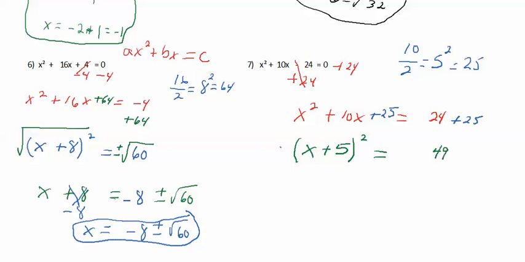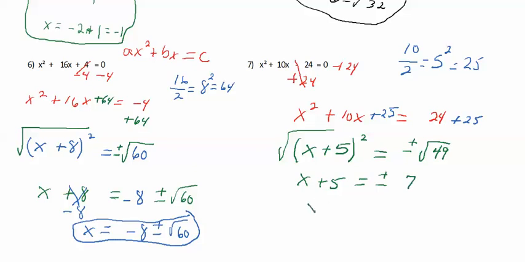Now I take the square root of both sides, plus or minus, so I have x plus 5 is equal to 7, because the square root of 49 is 7. So I have plus or minus 7.